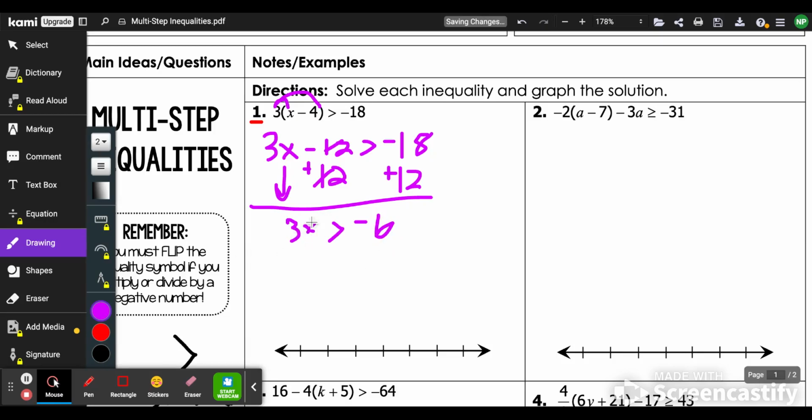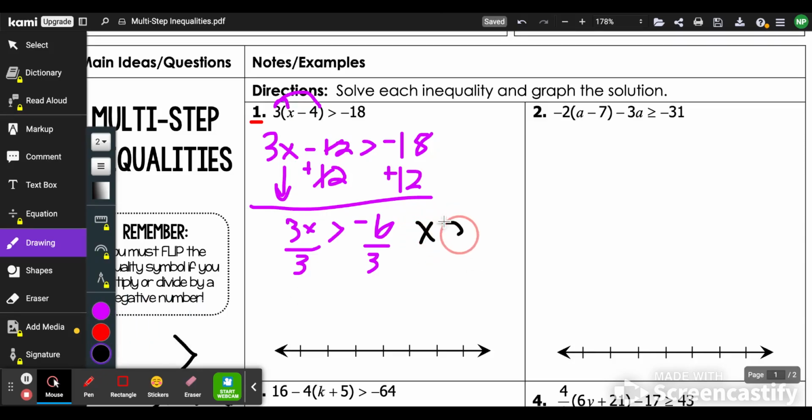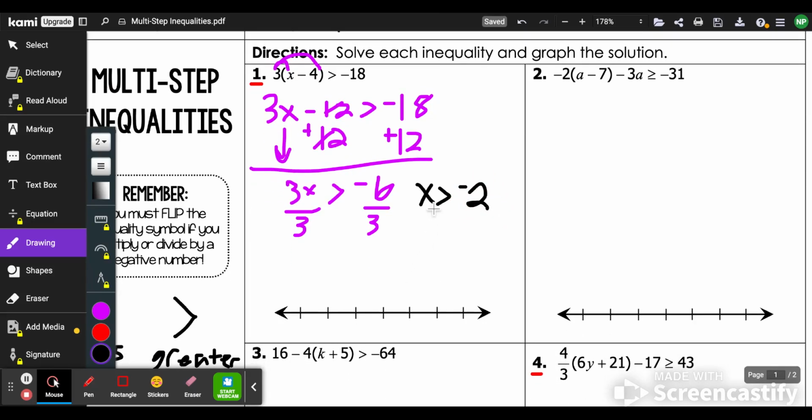Solve for x. So right now the 3 and the x are multiplying. So to get it away, we're going to divide. And our final answer is x is greater than, oh, that's a terrible greater than, negative 2. So what this means is x is greater than negative 2.